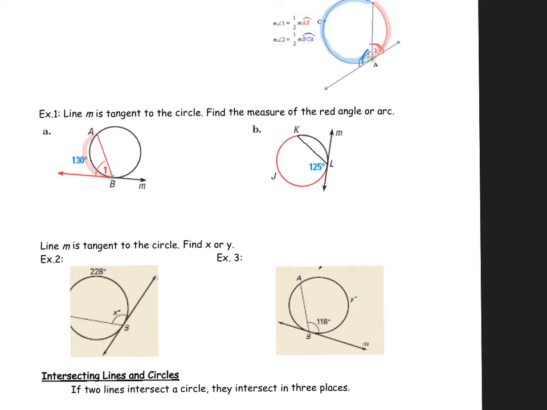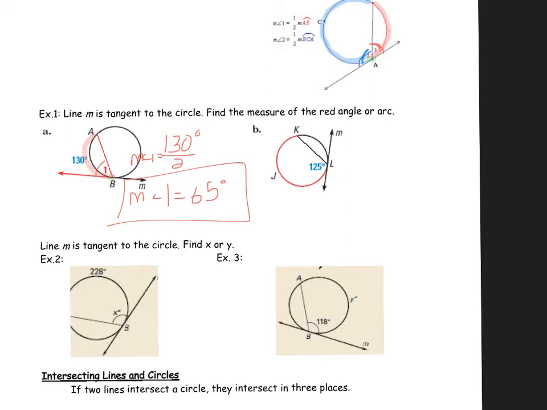Now you're given the measure of arc AB to be 130 degrees. So to find the measure of angle 1, you're going to divide that by 2. If I do 130 divided by 2, I get 65 degrees. Remember, we are still talking about angles and arcs, so degrees are necessary. Please make sure you are option K'ing your answers to get a degree symbol.